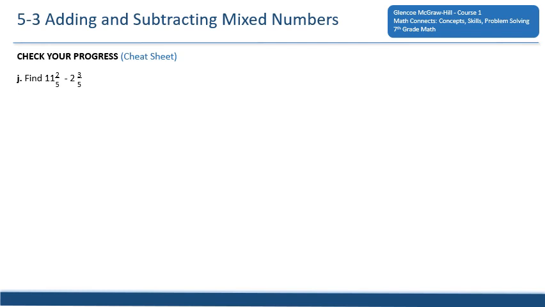Check your progress. Find 11 2/5 minus 2 3/5. If we set this up like this, we see the problem right now is that we can't take 3/5 away from 2/5. So we are going to borrow 1 from the 11, and we'll rename 2/5 as 7/5, and we'll change the 11 to 10. So 11 2/5 is identical in value to 10 7/5.